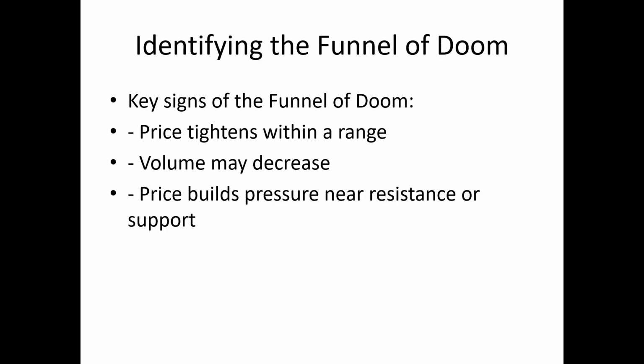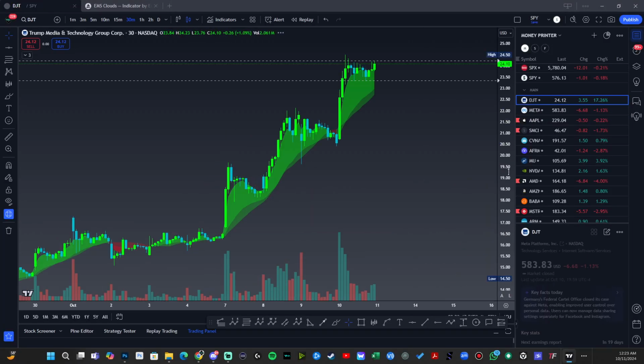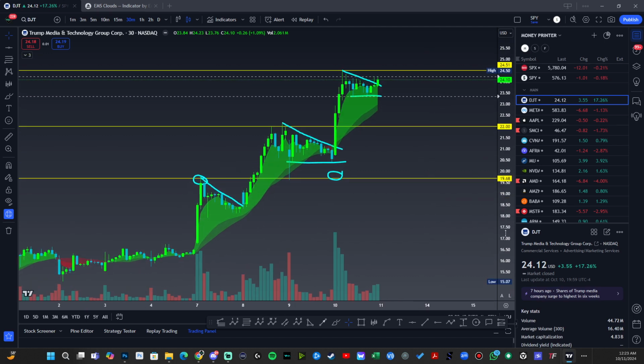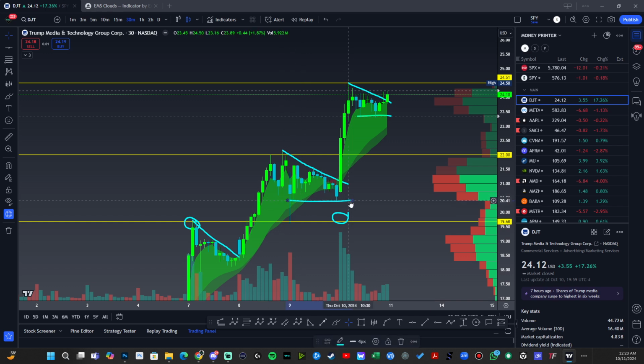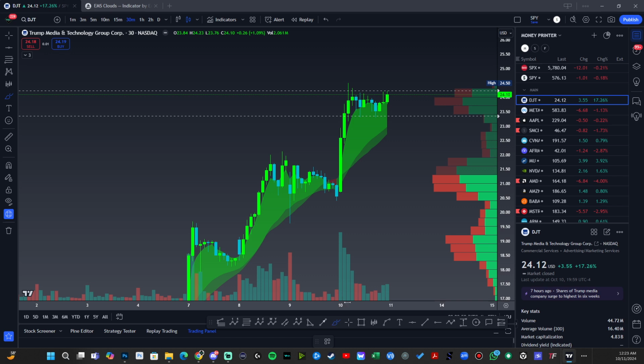Let's go over an example before we continue. A perfect example is DJT here. We have the lower highs and higher lows. Let me delete the chart and redo it so you can see.